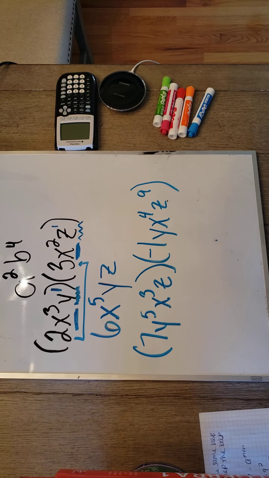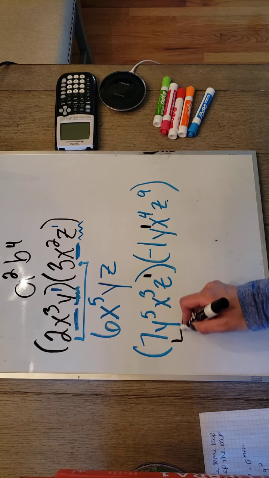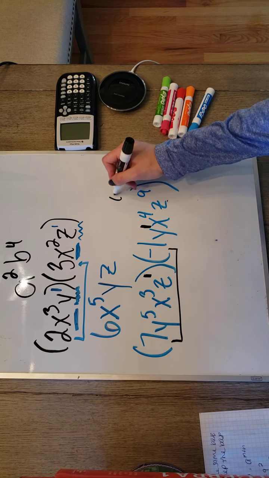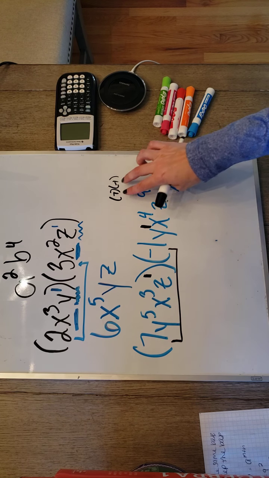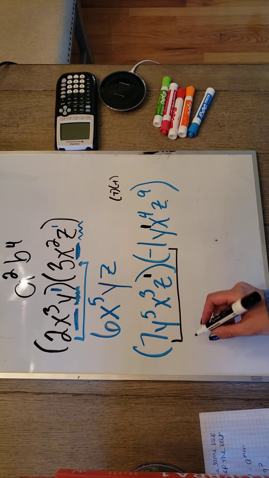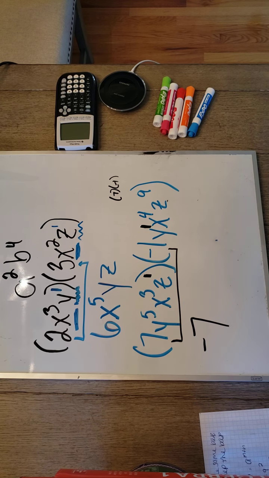Hopefully you said we need to put a 1 on the z and a 1 on the y. Start with your constants. What do you do to your constants? If you had something that looked like this, you would know to multiply it. Same thing, 7 times negative 1 is negative 7.